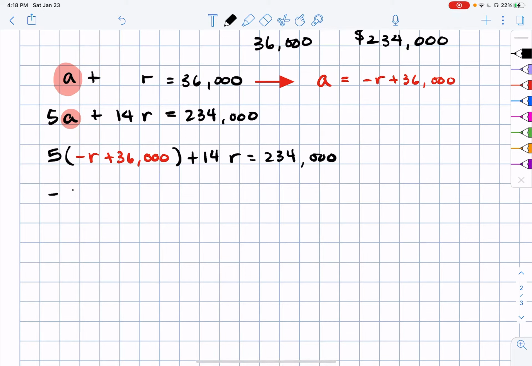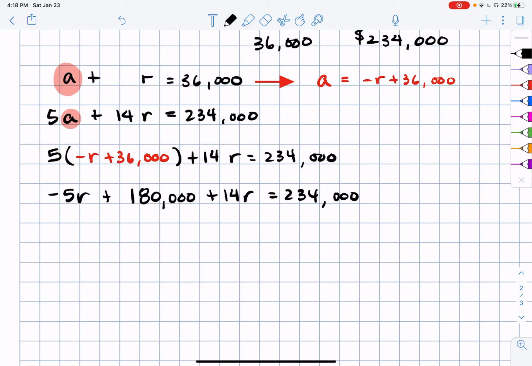So I'm going to have a negative 5R plus 36,000 times 5, which is going to give me 180,000, plus 14R is equal to 234,000. All right, combine like terms.